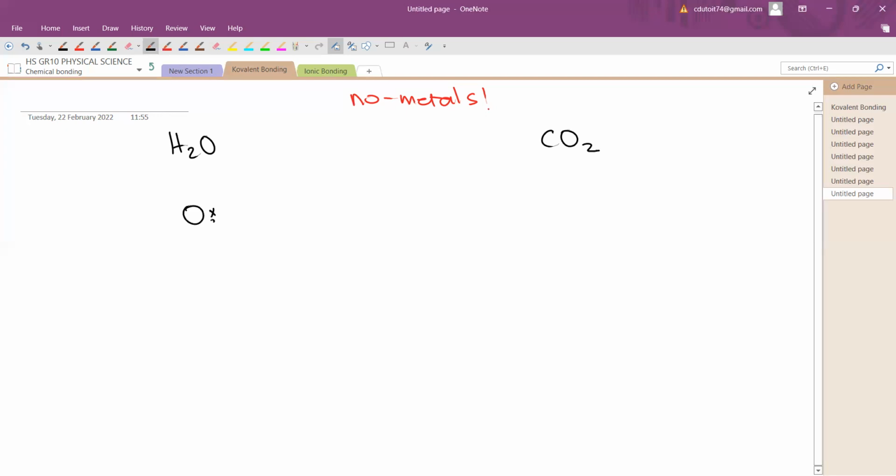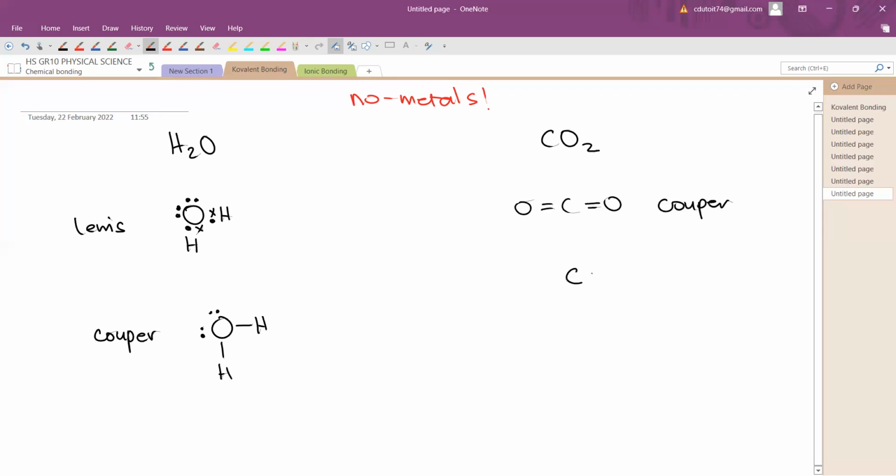Oxygen. Hydrogen, sorry, not water. That's the Lewis diagram. The Cooper diagram will look like this. And then CO2. There's my Cooper diagram.